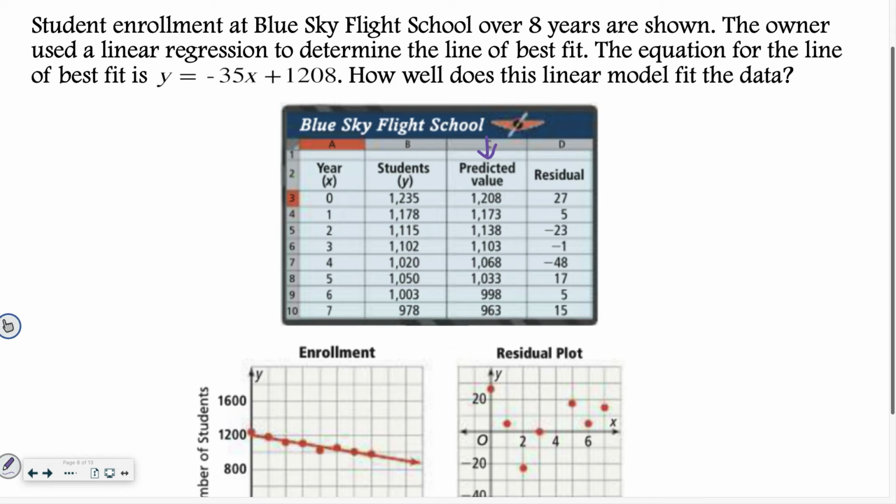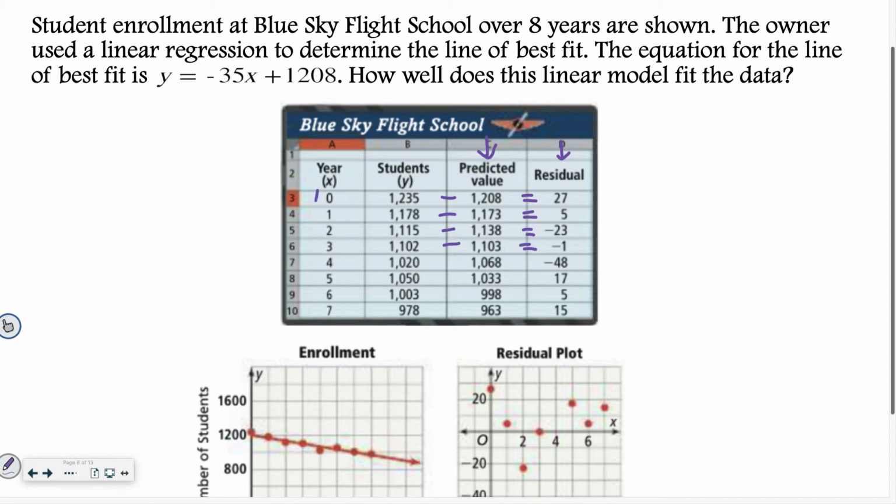And then the way that they got their residual was they said actual, so 1,235 minus 1,208, and that equals 27. They did the same thing for each of these. 1,115 minus 1,138, that's a negative 23. Okay, so they just kept going across. They'd say this minus this equals this.